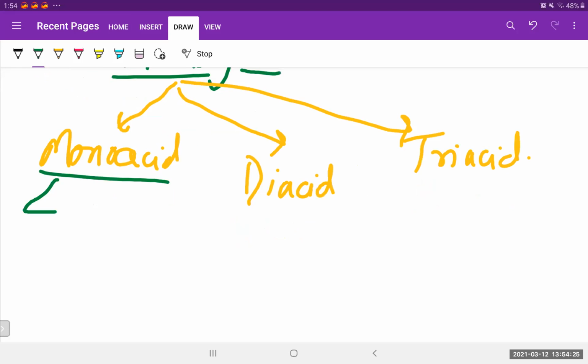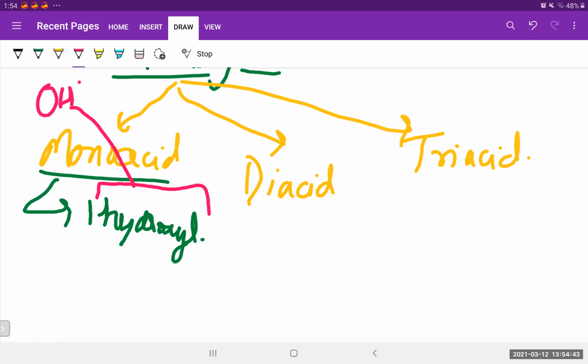In a monoacid base, we are having only one hydroxyl per molecule of base. What is hydroxyl? I hope everybody knows that hydroxyl is nothing but this OH. We know that every base has this OH, like NaOH. So we are having one hydroxyl per molecule.